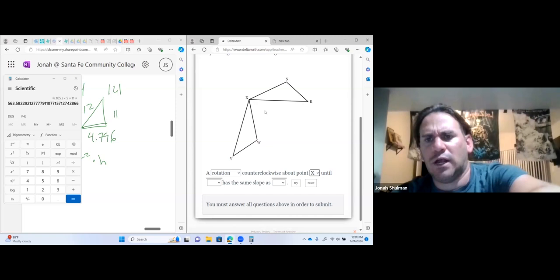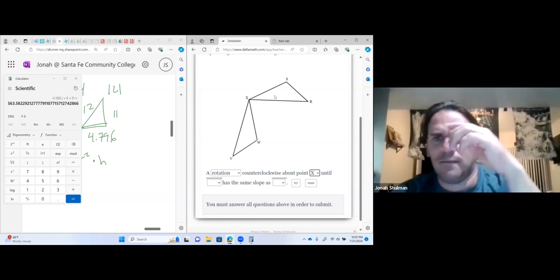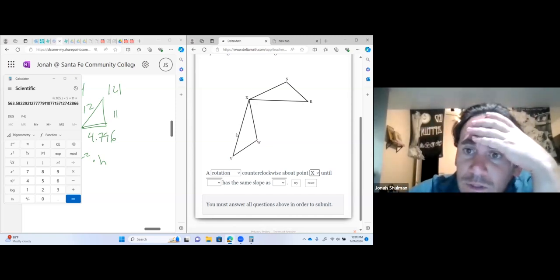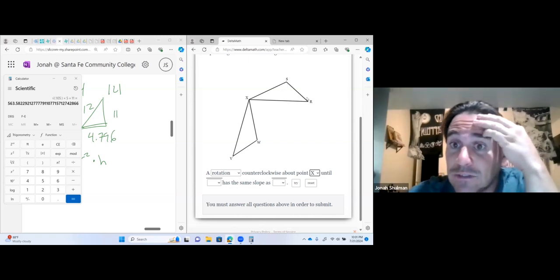I believe RX. We're moving this around. That's S is here. So I believe XW has to match with SR, because that's the bottom.